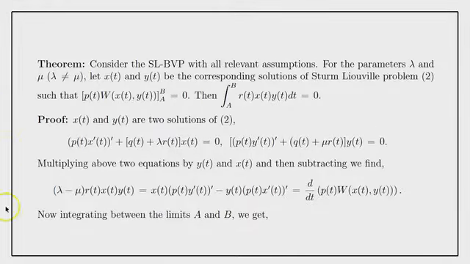So the idea is that if this is equal to 0, then these two functions are orthogonal to each other with respect to the weight function r(t).